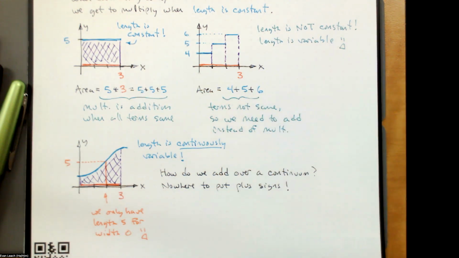We just flatten it out for a little while, then we get to use multiply, then we go on to the next one, then we get to use multiply, and then we just add those 2 things together. We can cope with variable length. We need to deal with continuously variable length. We solve the continuously variable length by looking at just the variable length. Kick back to an easier problem. Do something that you know how to do.